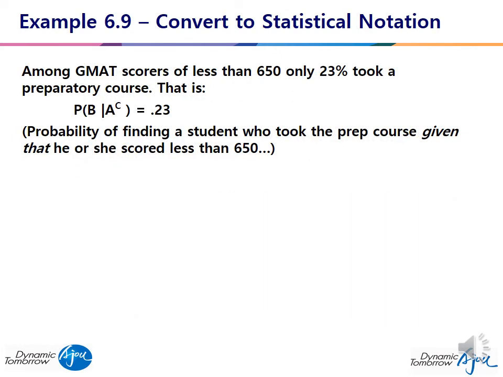Among GMAT scores of less than 650, only 23% took the preparatory course. That is, probability B given A complement is 0.23. Probability of finding a student who took the prep course given that he or she scored less than 650.